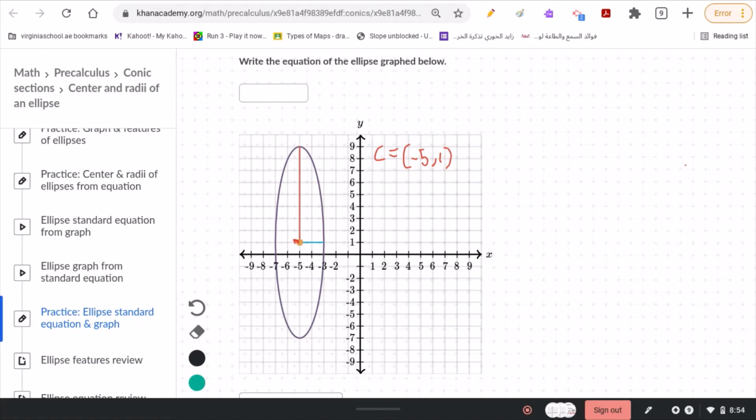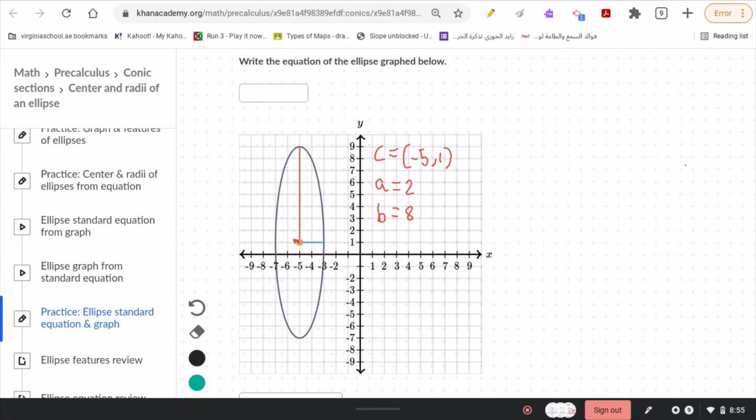Now let's find the A, which is always on the horizontal, and it's 2, which is the semi-minor in that case. And for B, it's on the vertical axis, the y-axis, so we need to count, and it's 8, the semi-major in this particular situation.